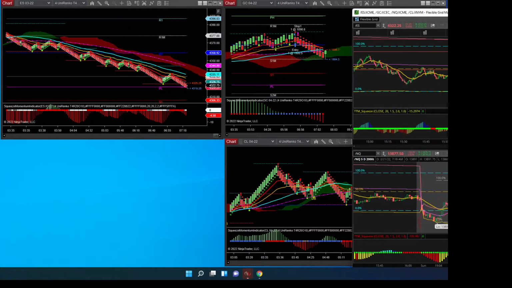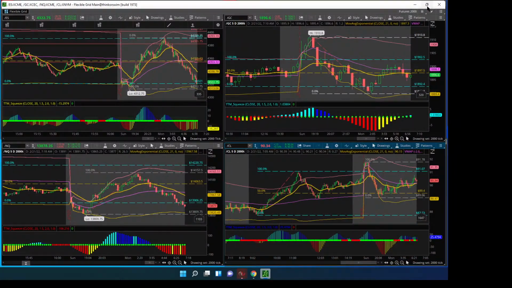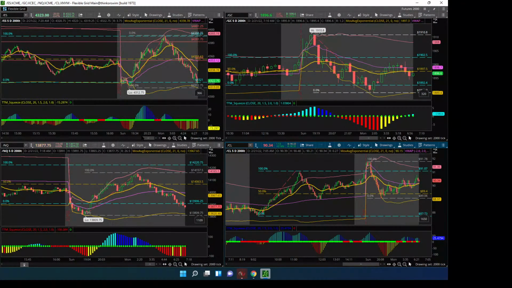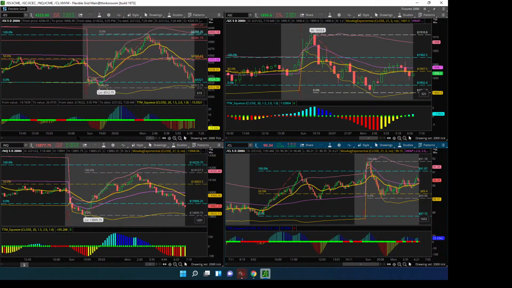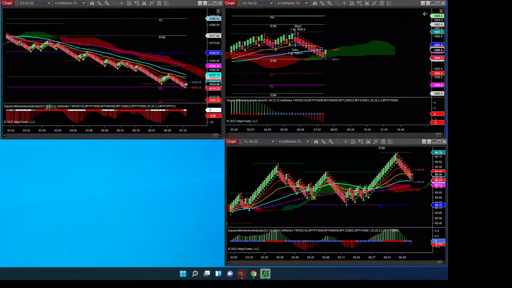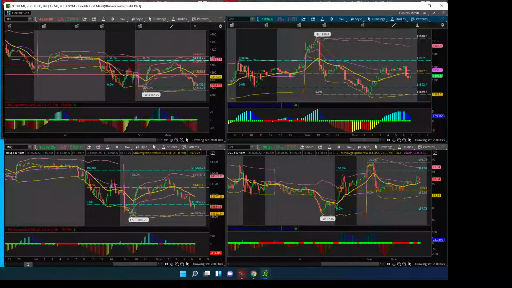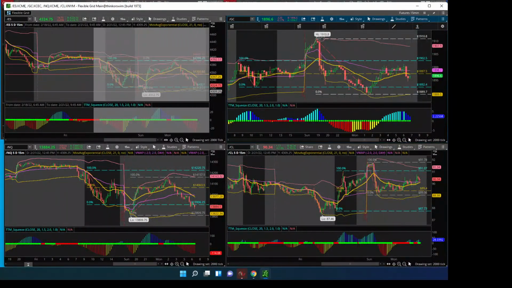This is thinkorswim. So what I do have here is the 2000. Let me show you a different one that I do have as well. Instead of the 2000, I have the same chart with the 15 minute.